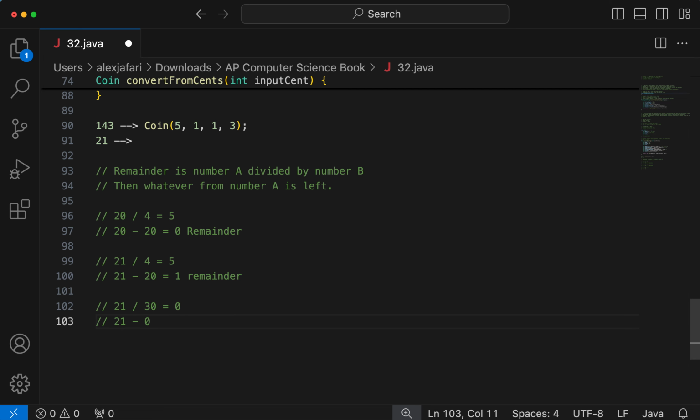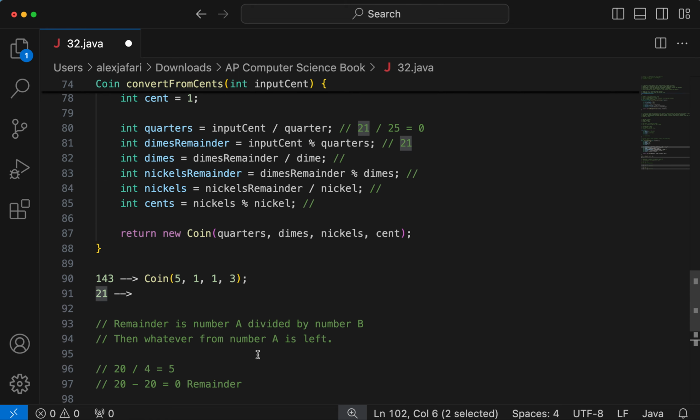I didn't get anywhere with it. So what's my remainder? 21 is my remainder. It's strange that it works, but it's how division works. Anytime you divide a number by something bigger than itself, your remainder is going to be equal to whatever number you divide it with. Does that make sense? Yes, it does. Excellent.